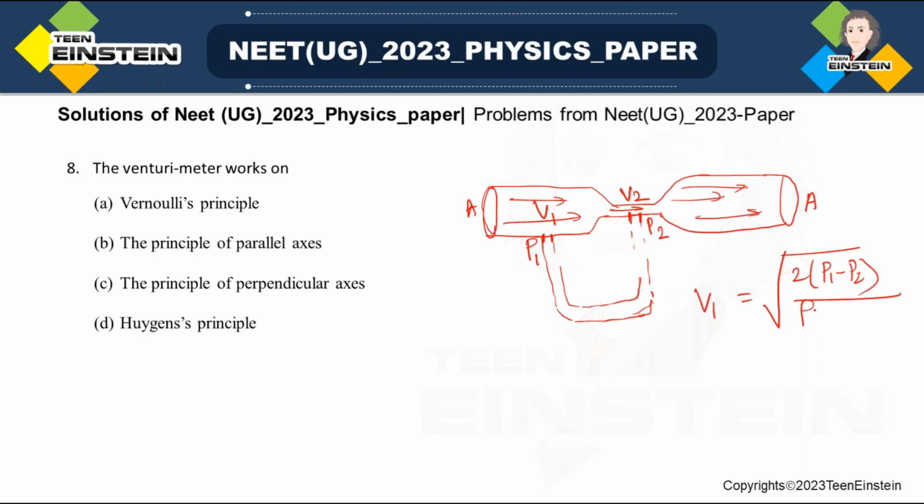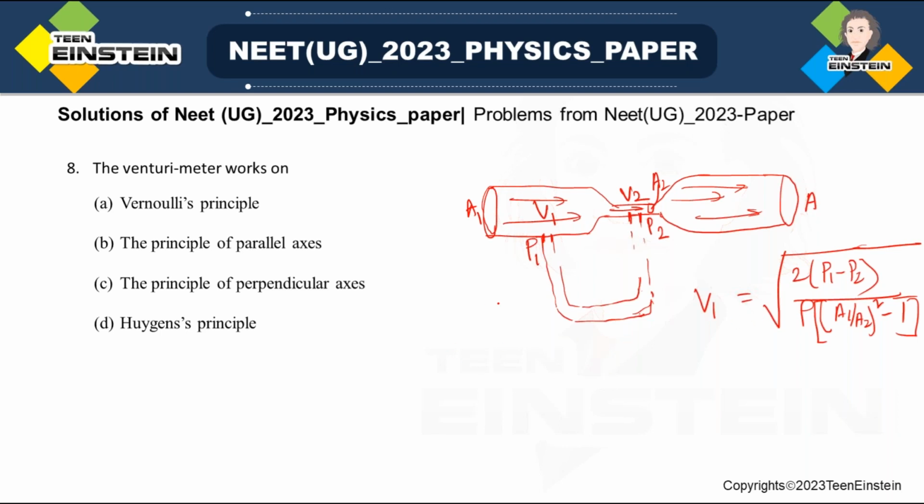If the density of the liquid is rho, then let us say this is A1, an area, and A2 is here. Area of this part is A2. So it will be (A1 by A2) whole square minus 1, and this rho will be multiplied with this, and the whole part is inside the square root.